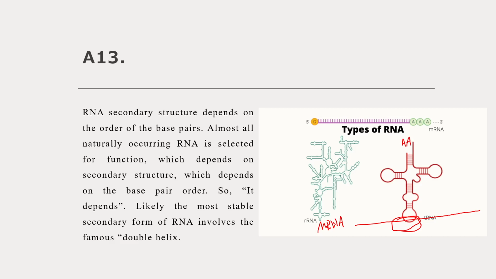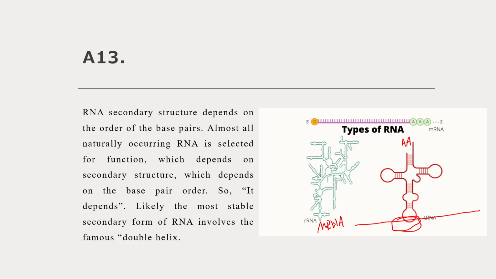So for example if the code is AUG, the amino acid that comes will be methionine. If the mRNA becomes a secondary structure like this, then it can't be read. Don't you think that if the mRNA structure changes to a secondary structure, how will the tRNA read the code? It can't be read, right?